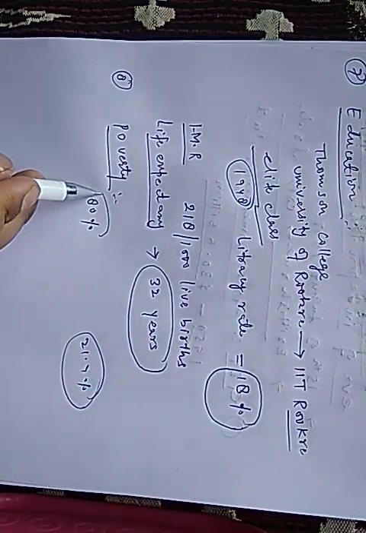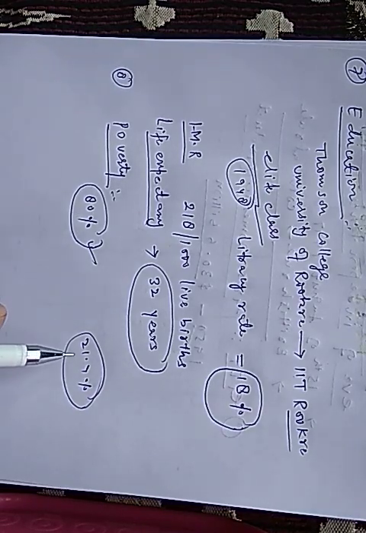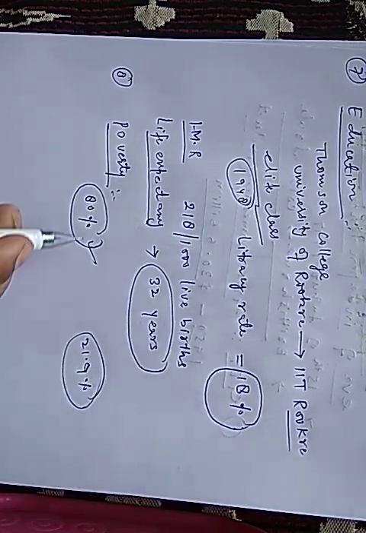At the time of independence, it was 80%. Severe poverty was in India at the time of independence. You can imagine how much poverty was in India. Now it is only 21.9%. At that time it was 80%.